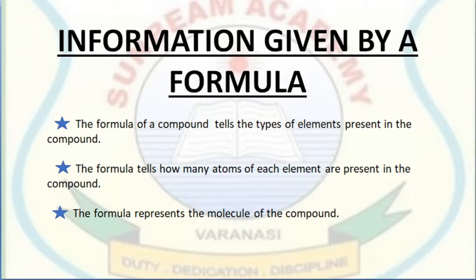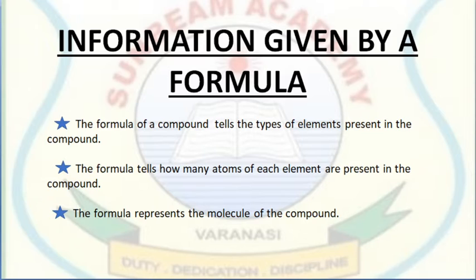Second, a molecule of water contains two atoms of hydrogen and one atom of oxygen. Thus, the formula tells how many atoms of each element are present in the compound. And the third is H2O, that is water.